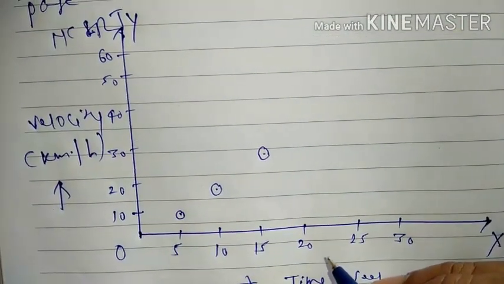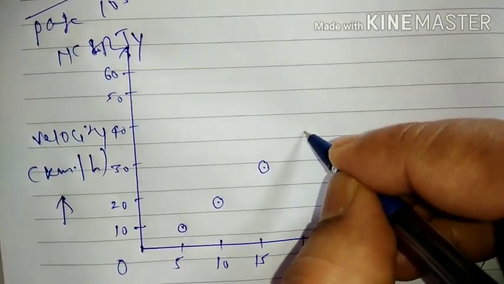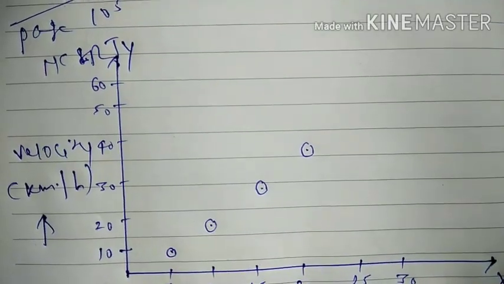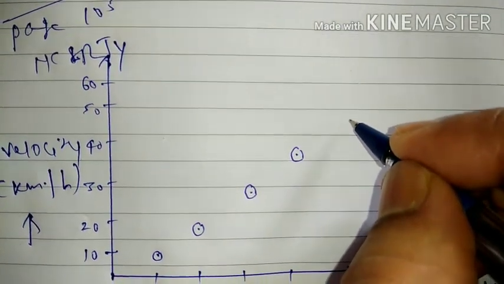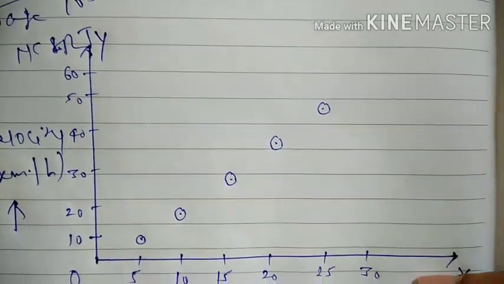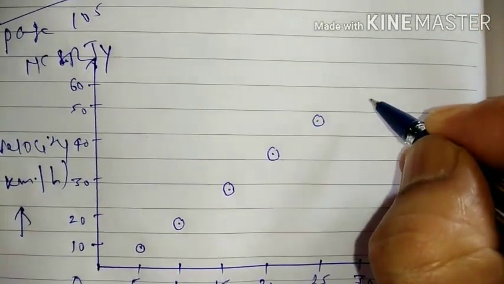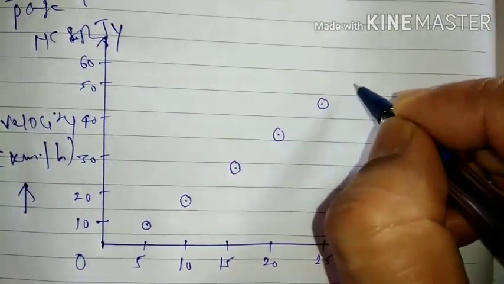When time is 20 seconds, we shall again move above 20 seconds, and it is 36 kilometer per hour. If time is 25 seconds, then it is 45 kilometer per hour. This will be the point. And finally, if it is 30 seconds, then 54. So above 30, we shall move just like this.